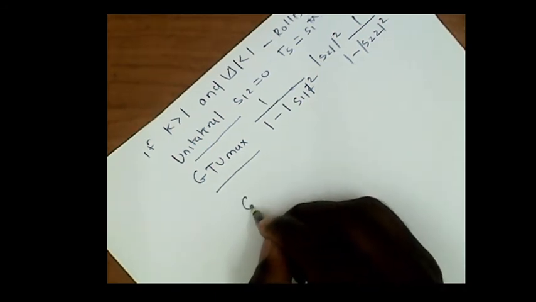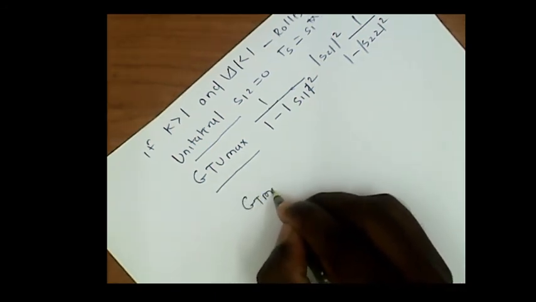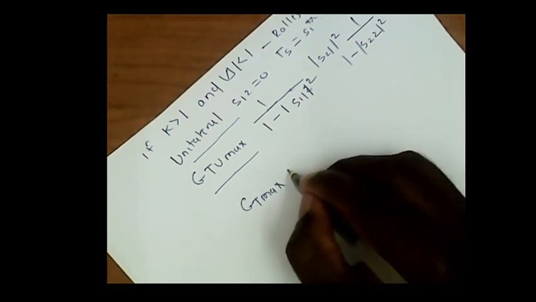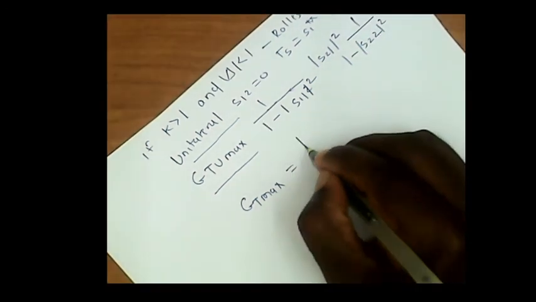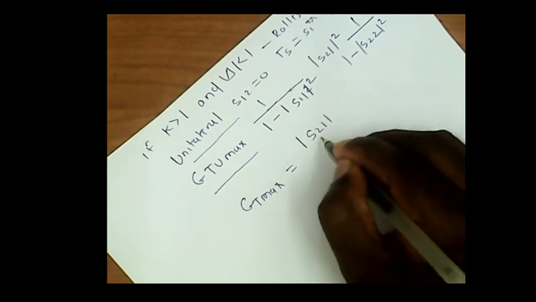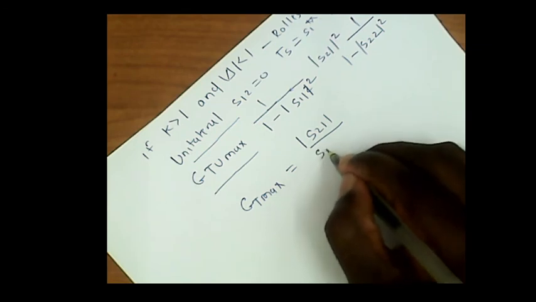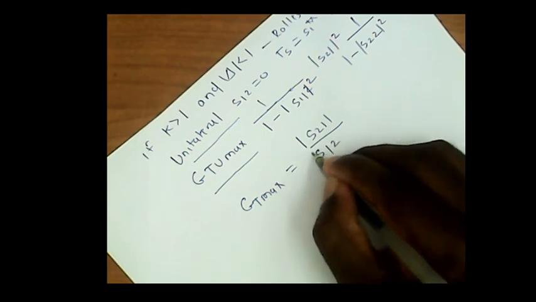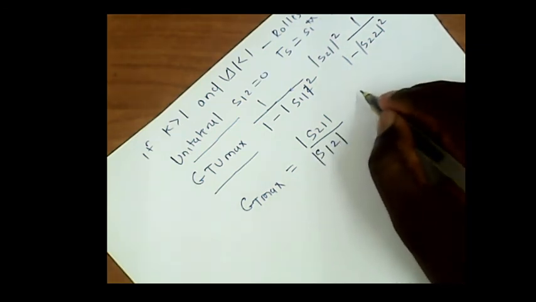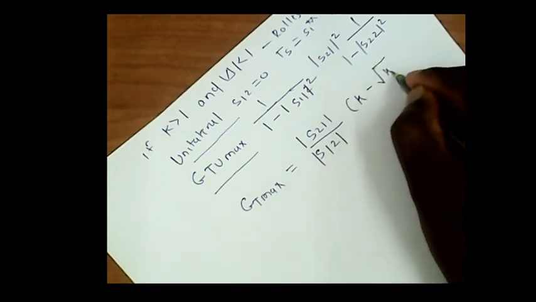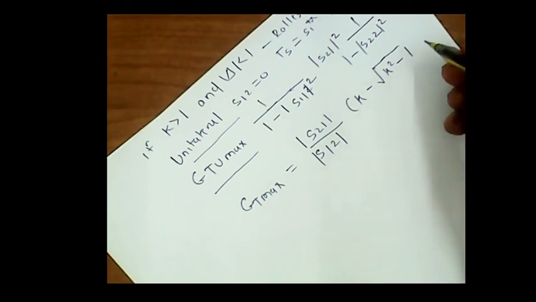So GT max, the maximum transducer gain for unconditional stability using Rollett's stability condition, is the magnitude of S21 divided by S12, times the bracket K minus the square root of K squared minus 1.